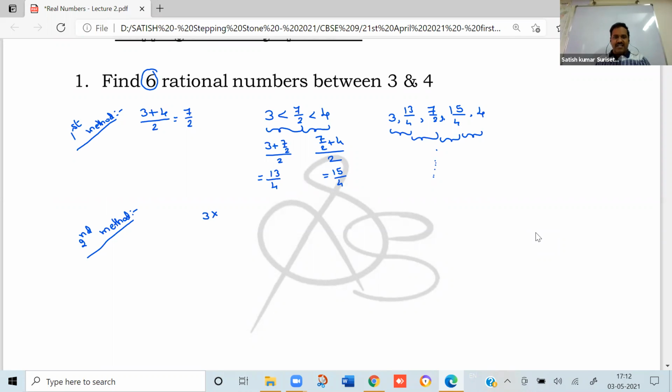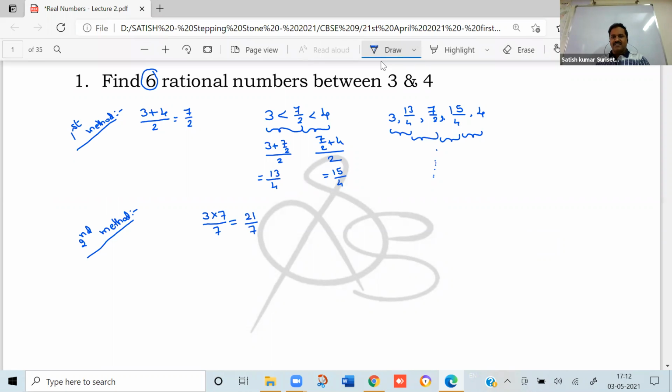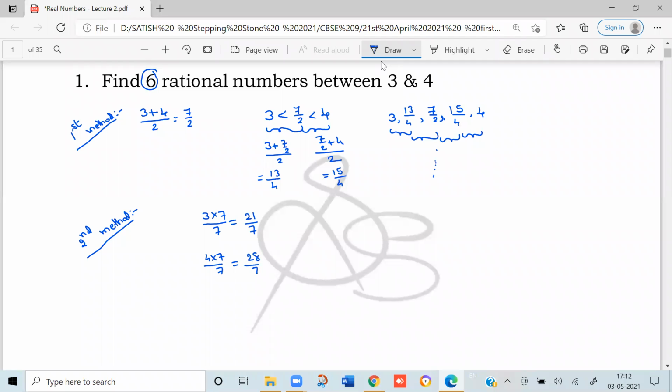So 3 into 7 upon 7 is 21 by 7, and 4 into 7 upon 7 is 28 by 7. Now between 21 and 28, because the denominators are the same, you can write the numerators.